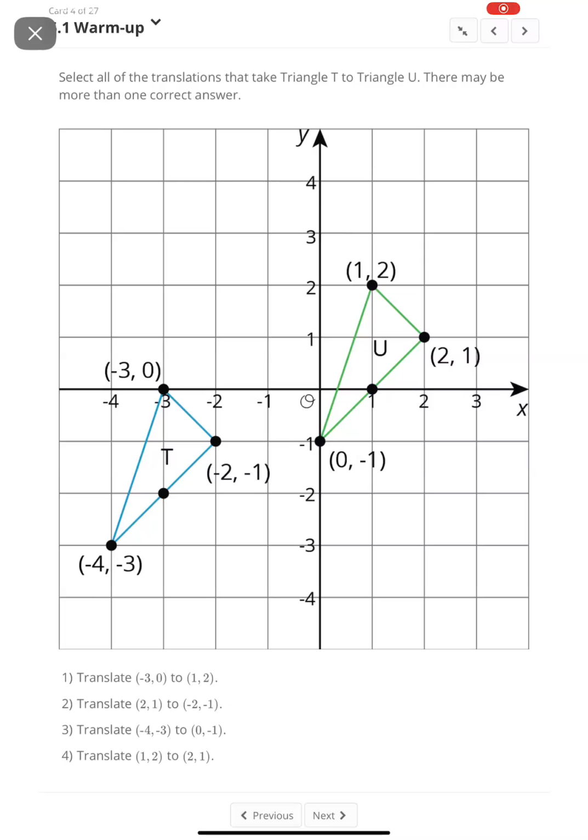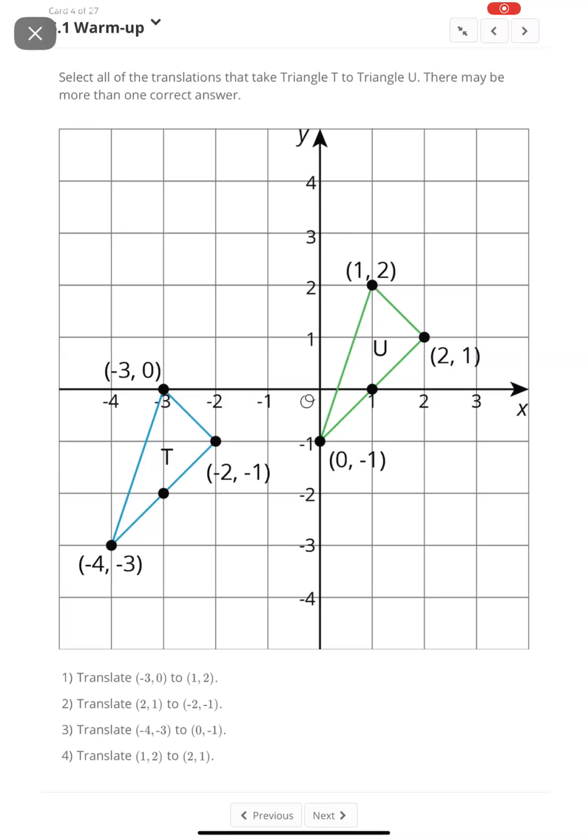And lastly, what I want to show you is, if you were to take any one of these points on the blue triangle, and count or measure the distance that it moved in order to get to the green triangle, you will find that every one of these points translated the same distance.